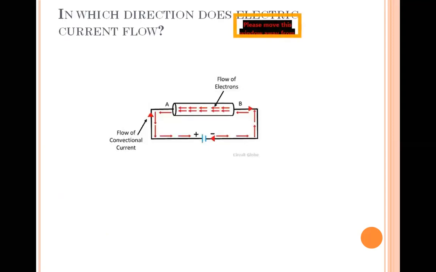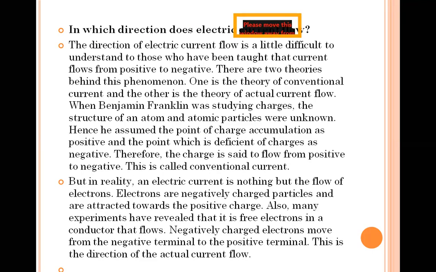Electric current basically moves from positive to negative, but actually the electrons move from the negative terminal to the positive terminal, because when Benjamin Franklin was studying charges, he was totally unaware of the presence of electrons. So according to conventional current, he wrote that the current flows from positive to negative terminal. But in reality, electric current is nothing but the flow of electrons, which flow from negative to positive terminal.